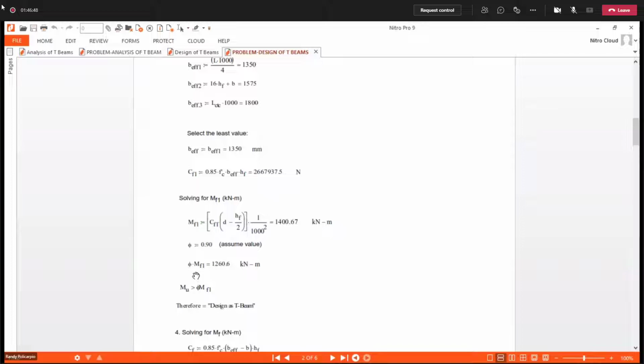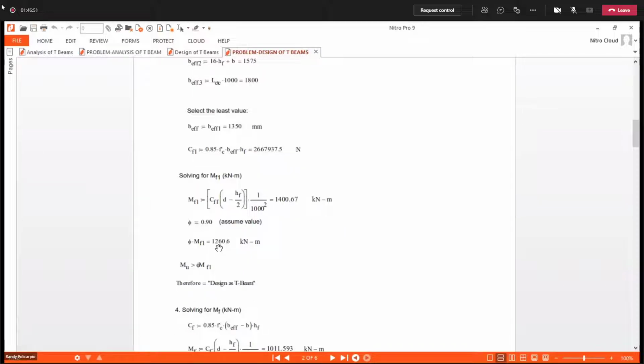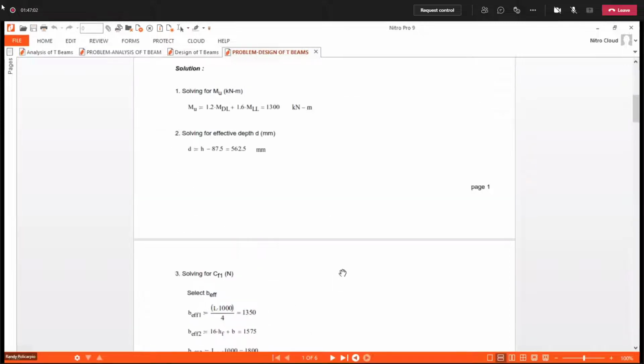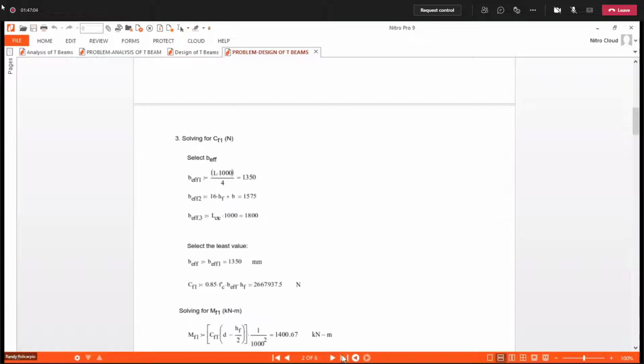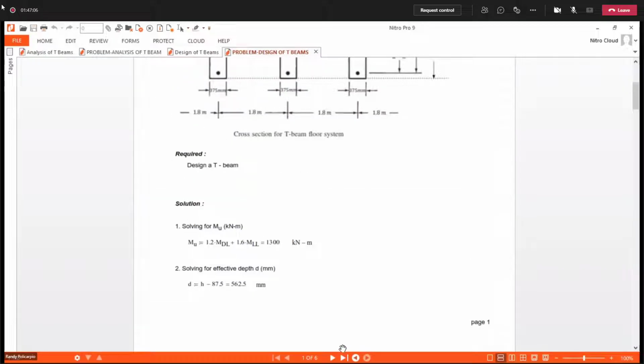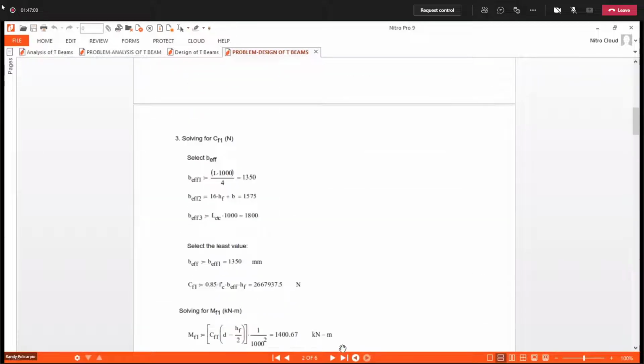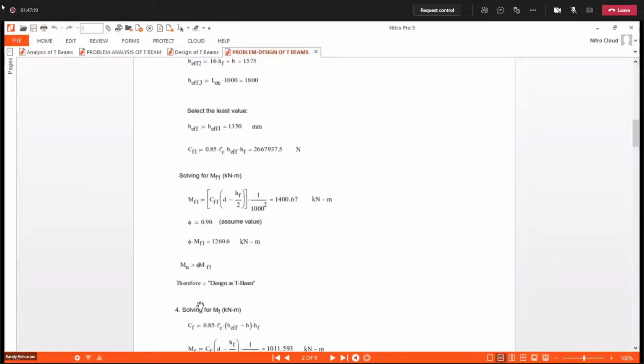Okay, so your design moment strength for the flange is 1,260.6 kilonewton meter, and we will compare it to MU. So MU is 1,300 kilonewton meter, and MU is greater than phi MF1. So therefore, we will design it as a T-beam.